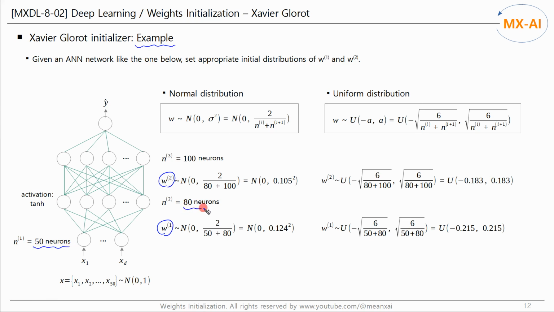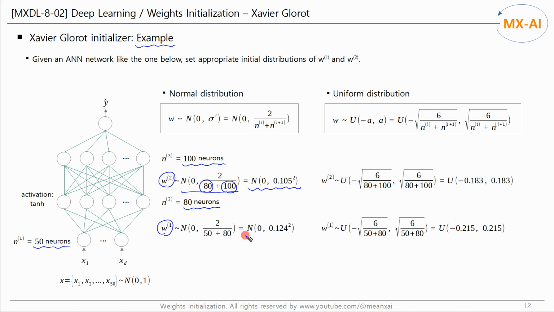There are 80 neurons in the first hidden layer and 100 neurons in the second hidden layer. If we use a normal distribution, the initial distribution of W2 is as follows. 80 is the number of neurons in the lower layer, and 100 is the number of neurons in the upper layer.